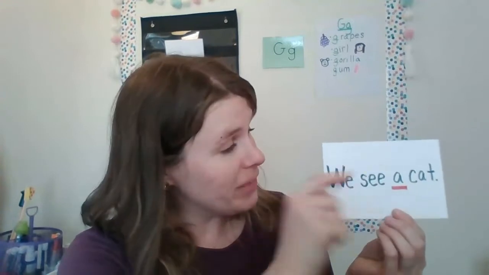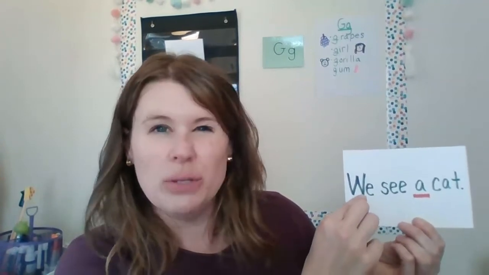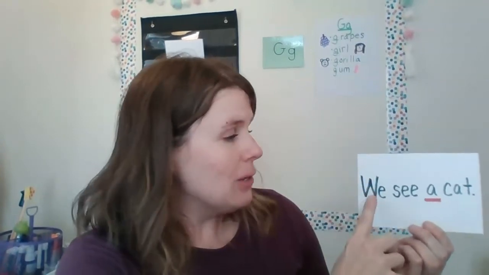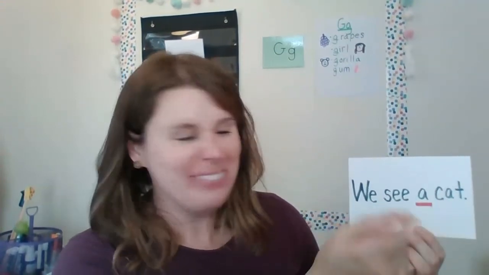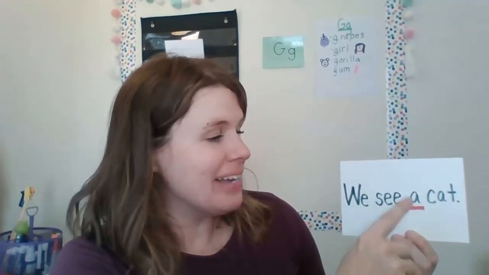But we can also use it as a word. It usually means one. I see a cat means I see one cat. And when we see the word a in a sentence, we're going to say that long sound, a, because it wouldn't make sense if we read this, we see a cat. We want to say we see a.